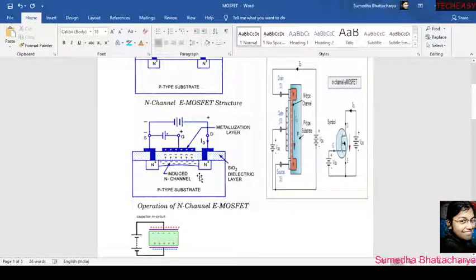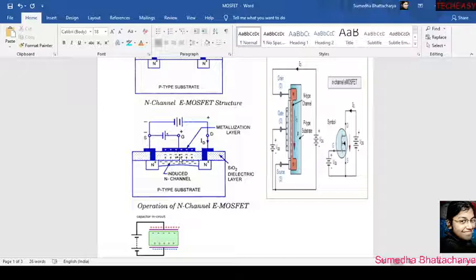So let's discuss. First of all, in the P-type substrate, the majority charge carriers are holes, right? In the P-type substrate, majority charge carriers are holes and minority charge carriers are electrons, right? Now this SiO2, the silicon dioxide, is working here as an insulator and also as a dielectric layer. Okay.